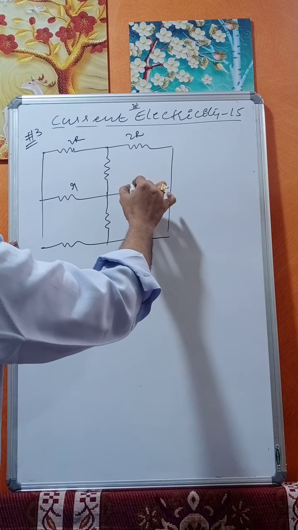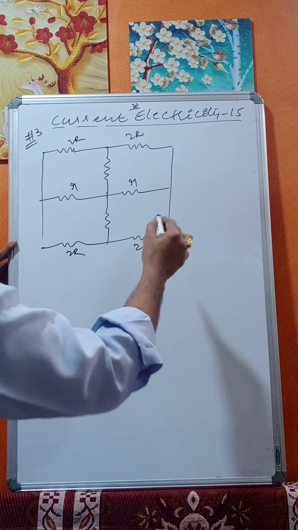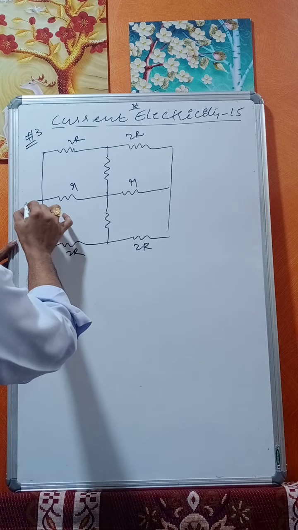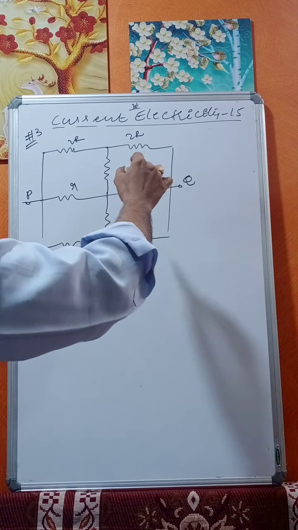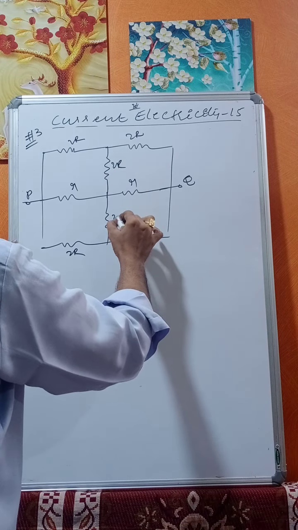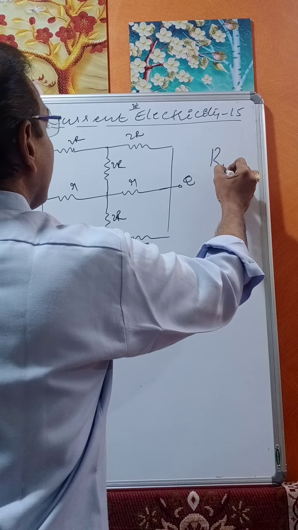This is small r, this is small r. This is 2R, this is 2R. This is P, and this is Q. And this is 2R, this is 2R.